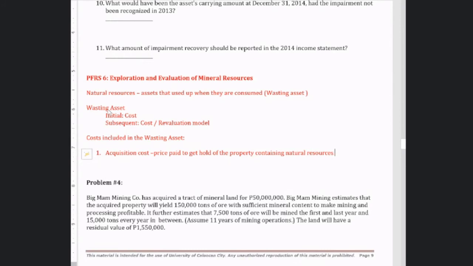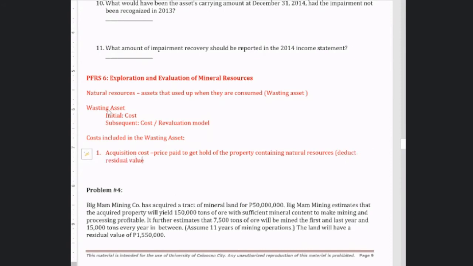So for acquisition costs, you need to deduct the residual value or land value kung tawagin, to come up with the depletable amount. Ang term na ginagamit dito sa wasting asset is depletion.